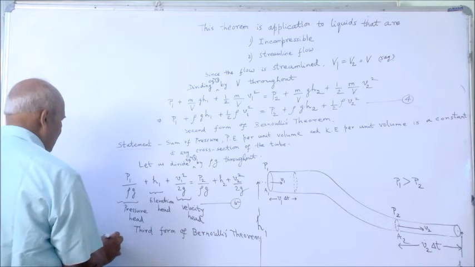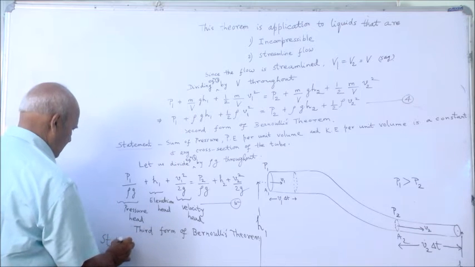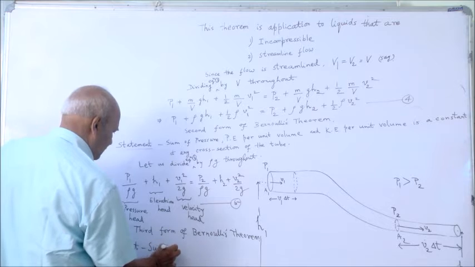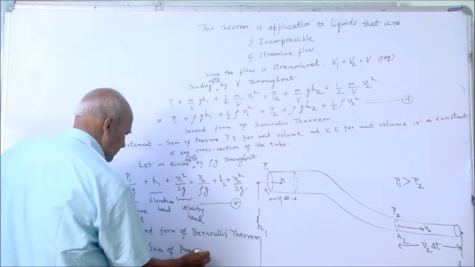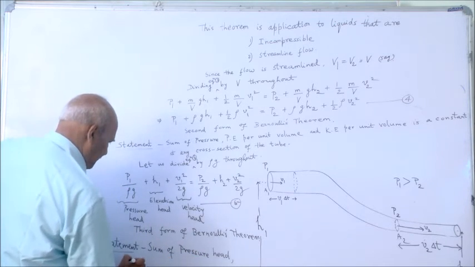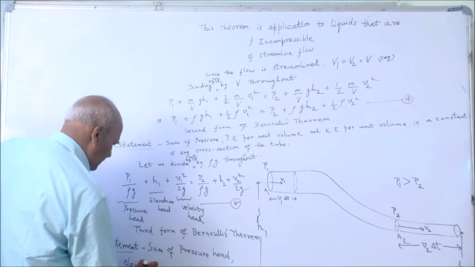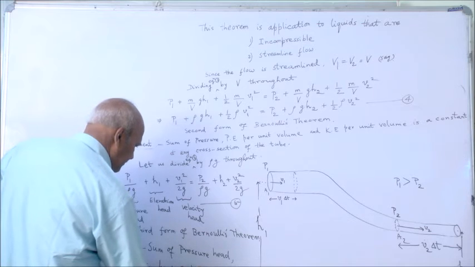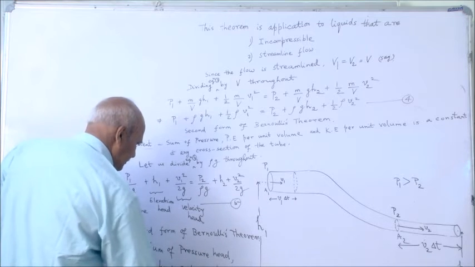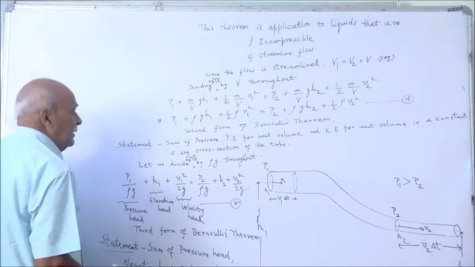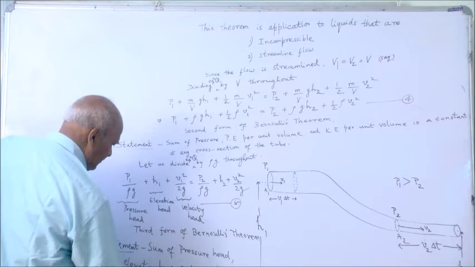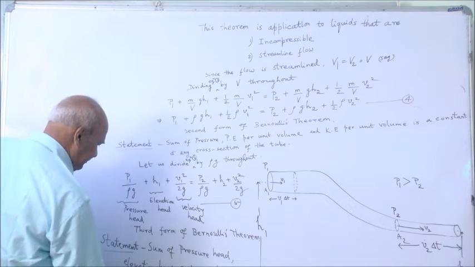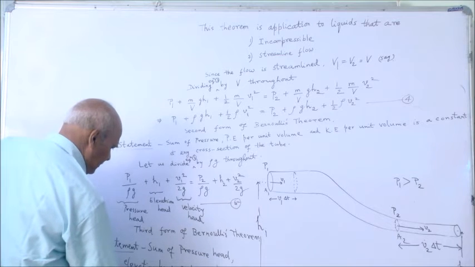And naturally, the statement will be sum of pressure head, elevation head, and velocity head is a constant at any cross section of the tube.